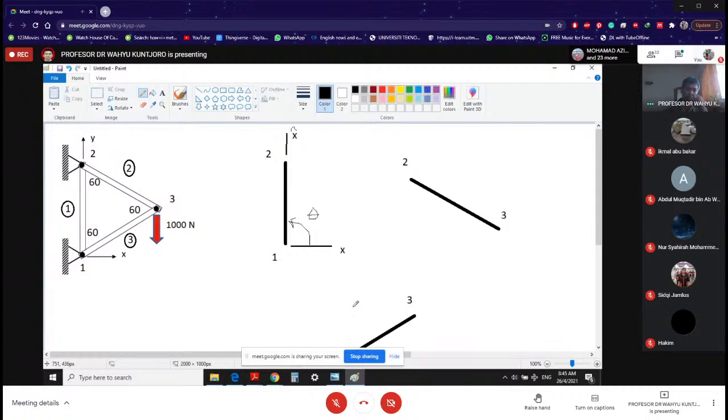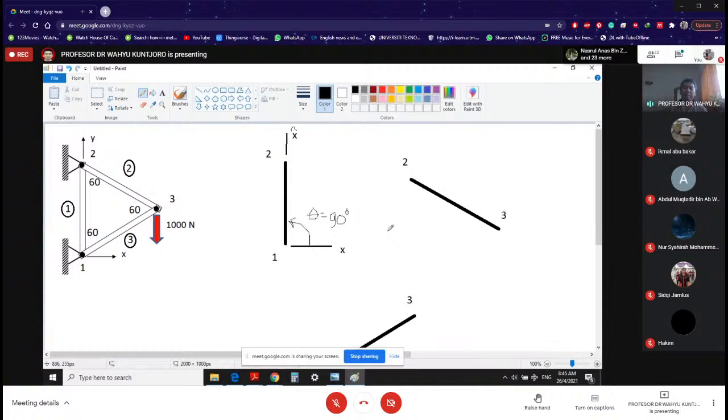Then that is your positive x local direction, and theta is measured from x global to x local, counterclockwise positive. That means your theta is going to be 90 degrees. Sorry, the writing is not very nice, but anyway.